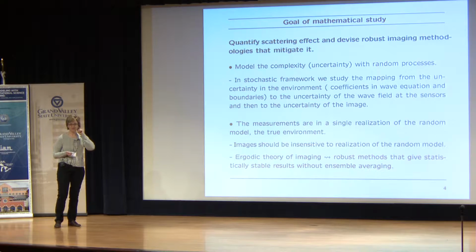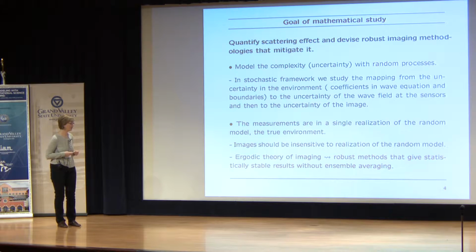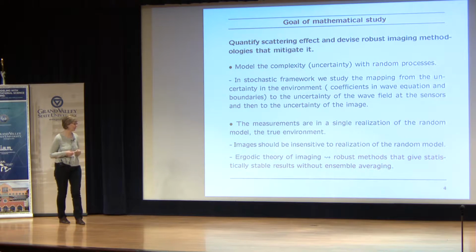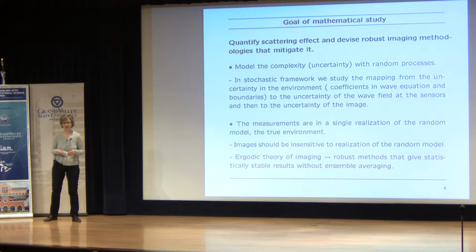So we will construct images where the fluctuation effects in the medium average out by different mechanisms, such as integration over the bandwidth and so on. So we exploit the decorrelation of the waves over frequencies and so on. And then by superposition of uncorrelated quantities, we achieve averaging without using ensemble averaging. So that's the goal.